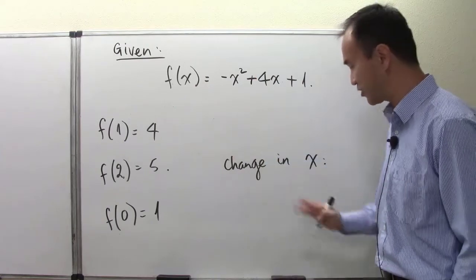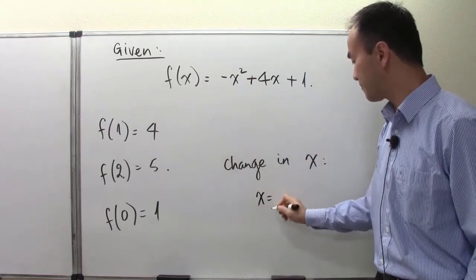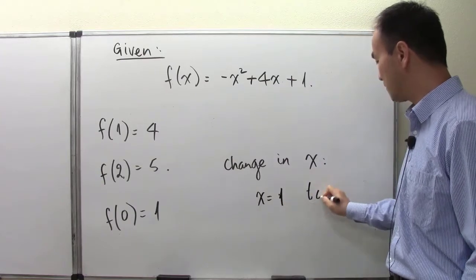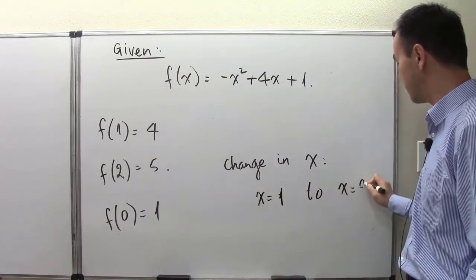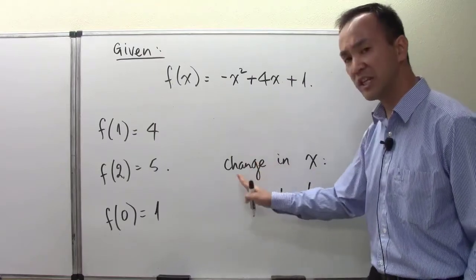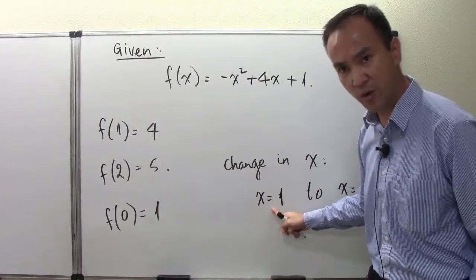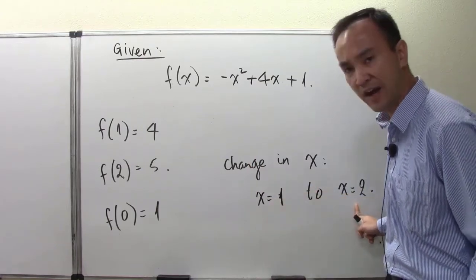So the change in x here, I can think from x equals 1 to x equals 2. Anytime we're looking at the change, we want to see the change as having a start at a lower value and then ending the change at a higher value of the input.